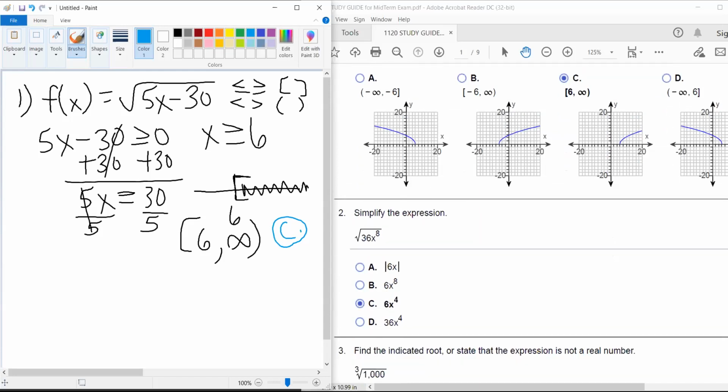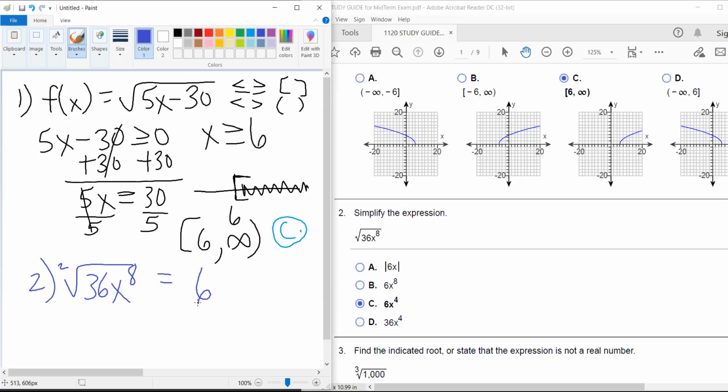Question 2, simplify the expression. We have the square root of 36 to the 8th power. It's not shown, but we know that our radical is understood to be root 2. Well, the square root of 36 is 6.